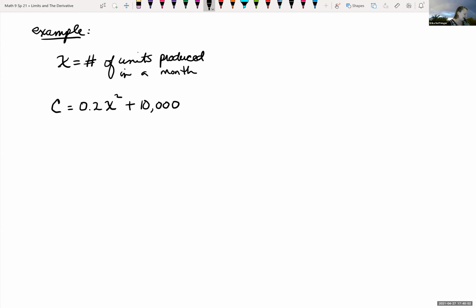It wants to know how fast is the cost per month changing when the production is changing at a rate of 12 units per month. So I hear the word rate in there. So that tells me this is the derivative of my production.